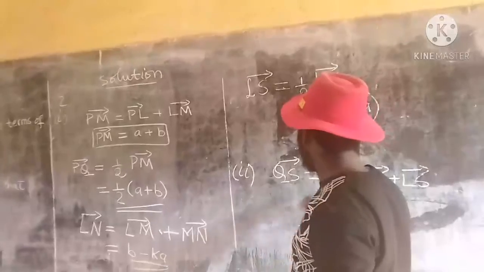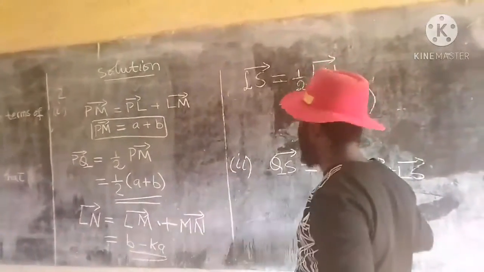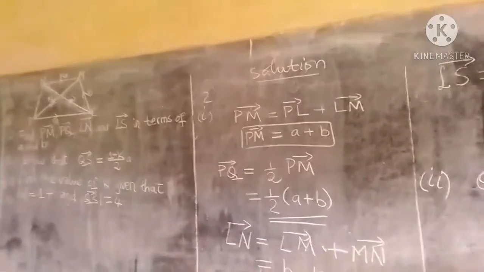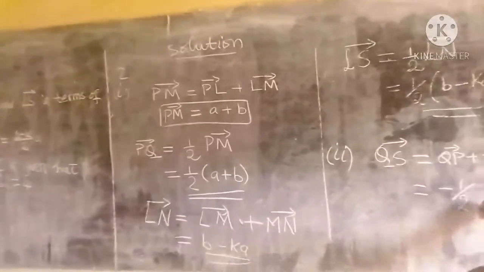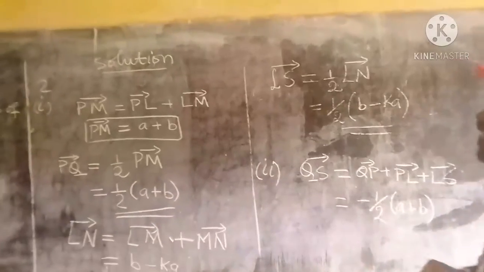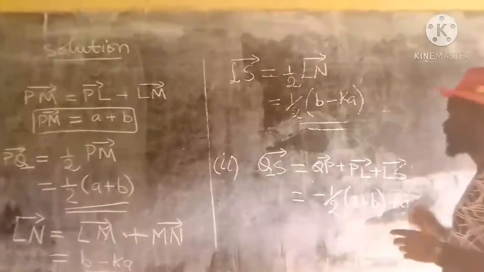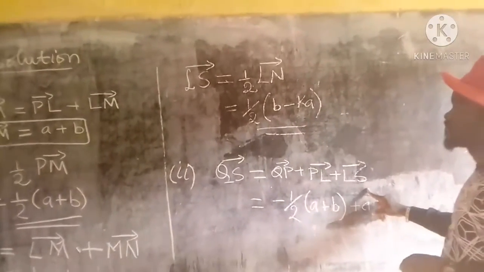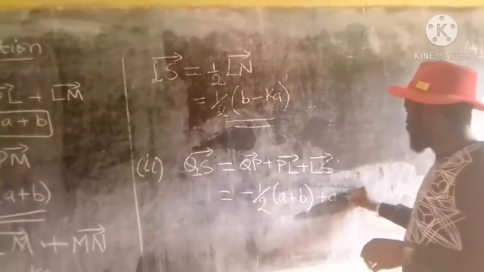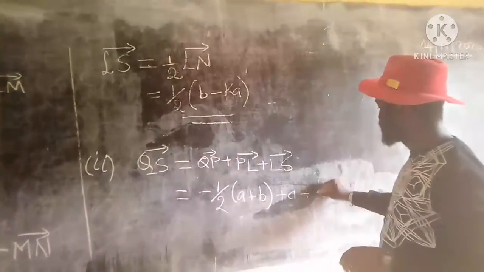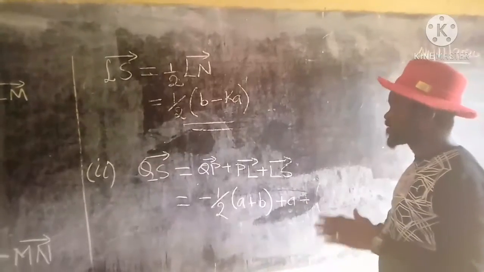So let's put all the values of the vectors that we have here and sum them up. What is the value for QP? Negative half into A plus B. What is PL? Plus A, right? And what is LS? Plus half. Please be careful of signs here.